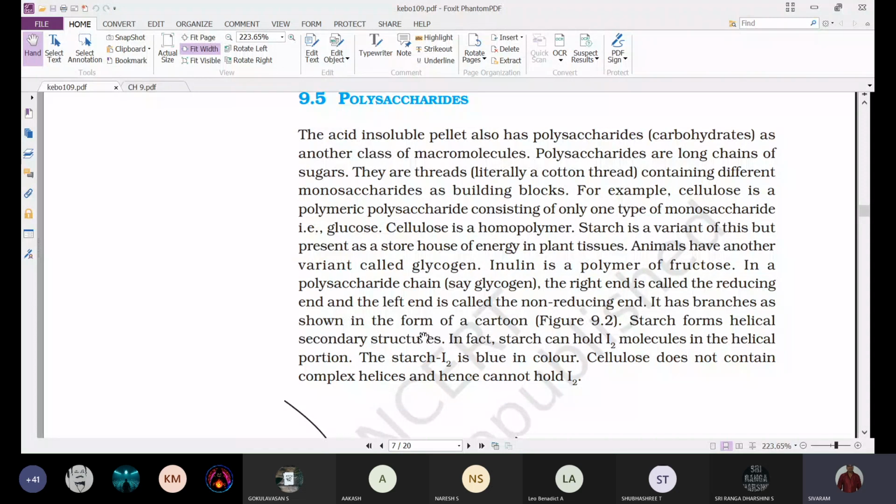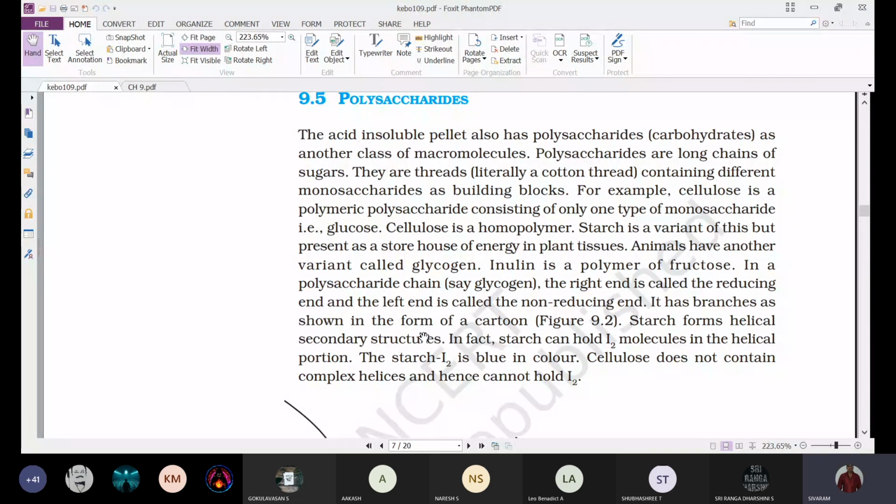And next, in animals, in which form are the carbohydrates stored? Glycogen.